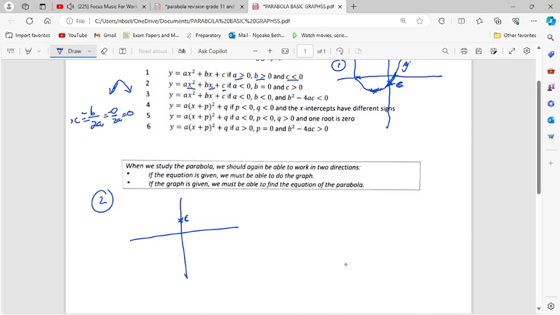Because if you do y equals a times 0 squared plus b times 0 plus c, you can see that y equals c at the turning point. So our turning point is going to be here, and this will be the shape of the graph. So that will be our graph for number 2.